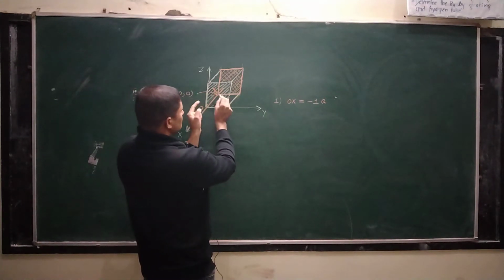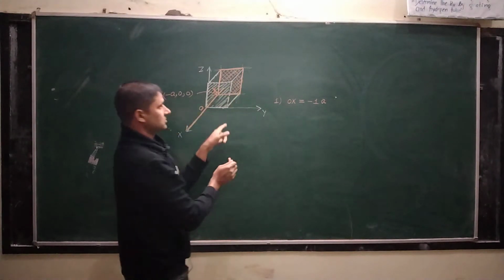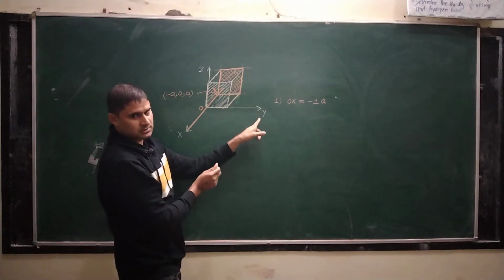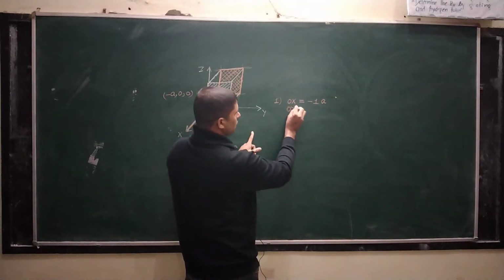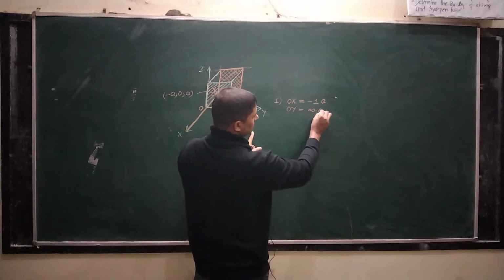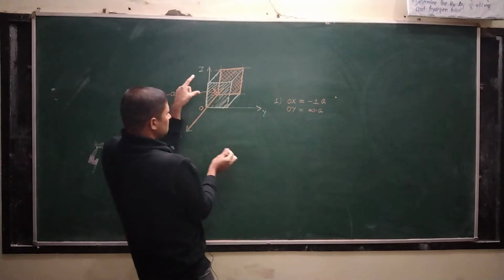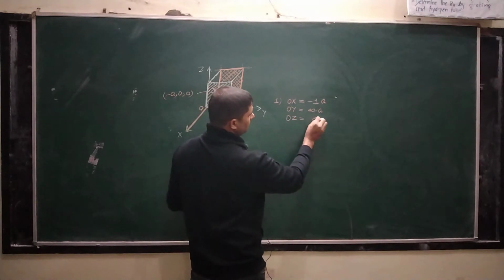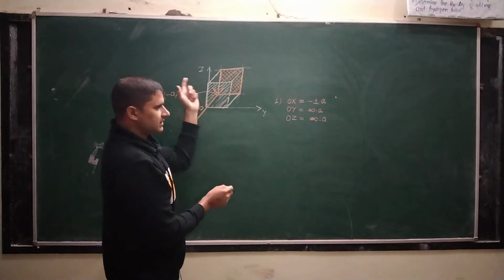Now these sides are parallel to y axis, so the intercept for this face on the y axis is also at infinity. So I can write here OY is equal to infinite times the primitive translation vector along y direction. In the same way, OZ is equal to infinite times the primitive translation vector along z direction.